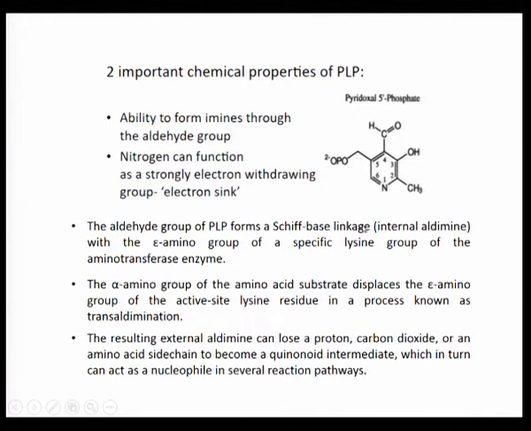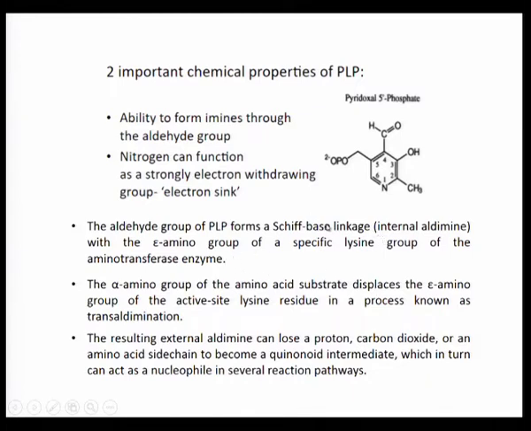Now we have already seen this, and I want you to be aware of the role of this particular compound, especially the aldehyde group of the pyridoxal. It actually forms an imine. In other words, it is Schiff base formation, where the nitrogen acts like a sink, and this helps in the electron withdrawing process for decarboxylation and deamination.